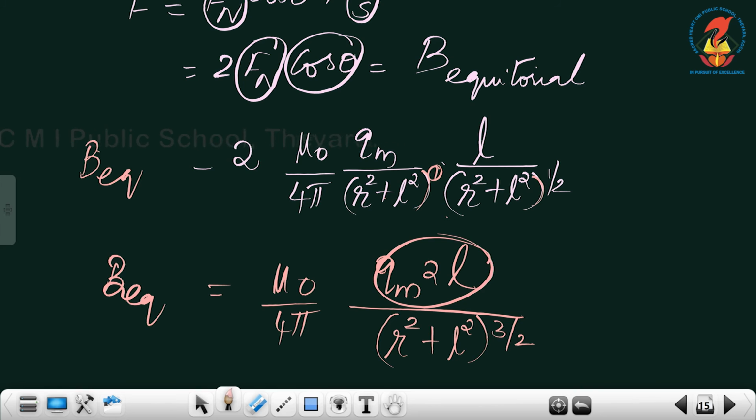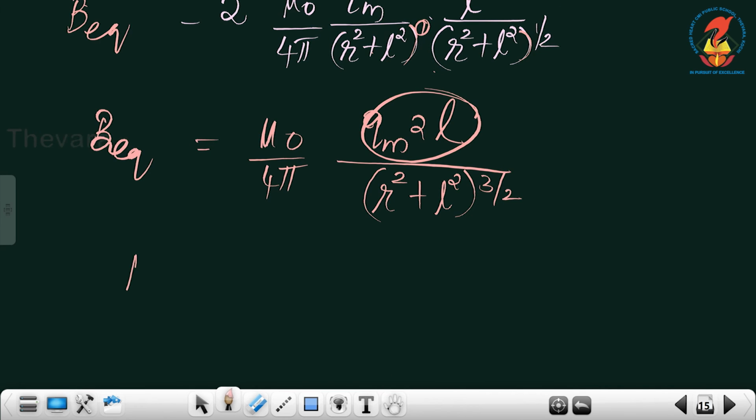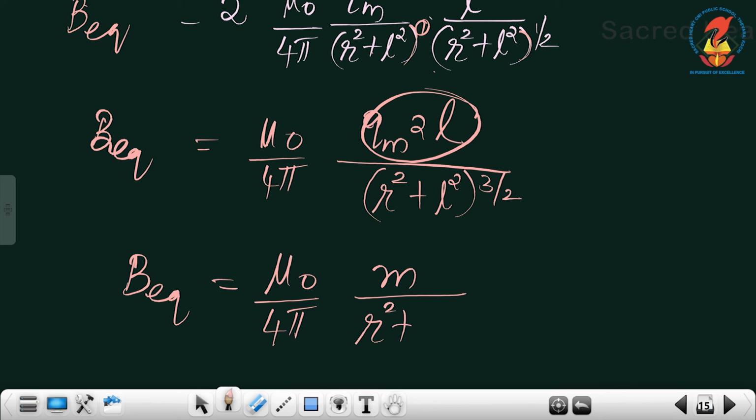And what is Qm into 2L? It is the magnetic dipole moment. So this can be written as B equatorial is equal to mu 0 by 4 pi m divided by R square plus L square the whole raised to 3 by 2.